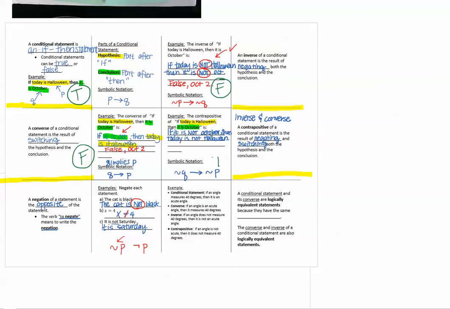And the contrapositive was true. And so you'll notice that the original and the contrapositive are true, and the inverse and the converse were both false. And there's something going on here. We have what's known as equivalent statements.